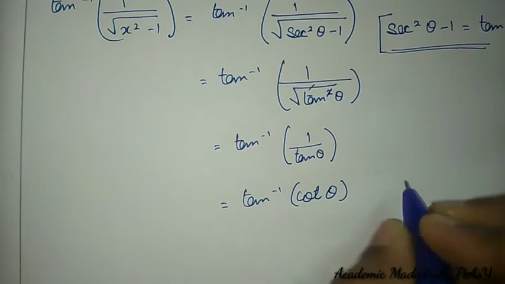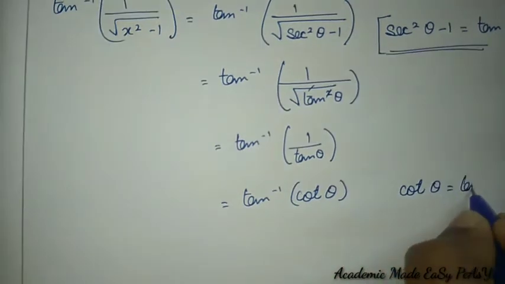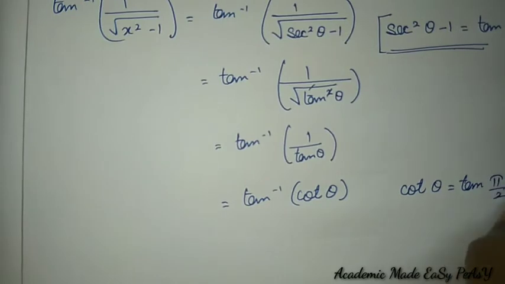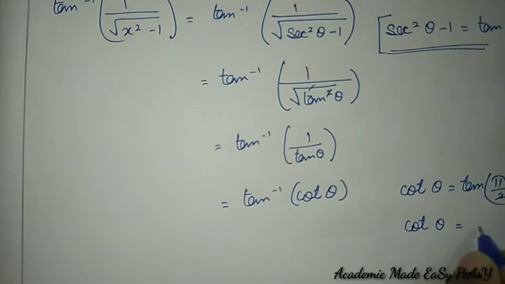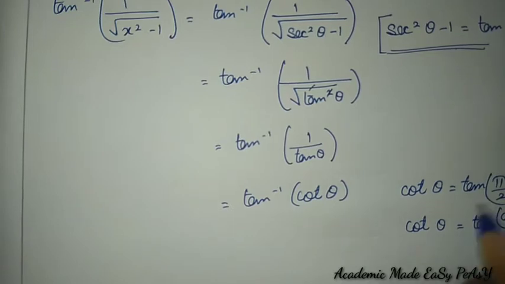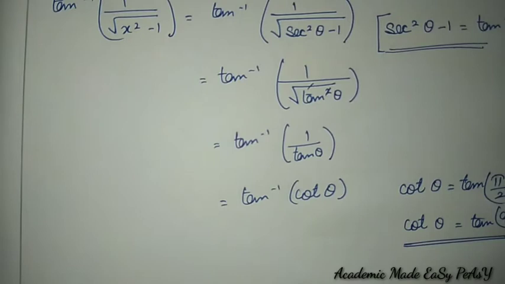Now we know that cot theta is equal to tan pi by 2 minus theta, or cot theta is equal to tan 90 minus theta. This is the formula which we will be applying to make it simple.